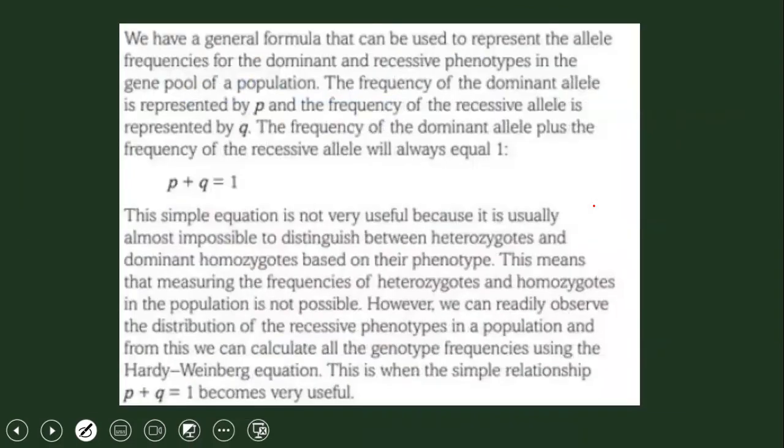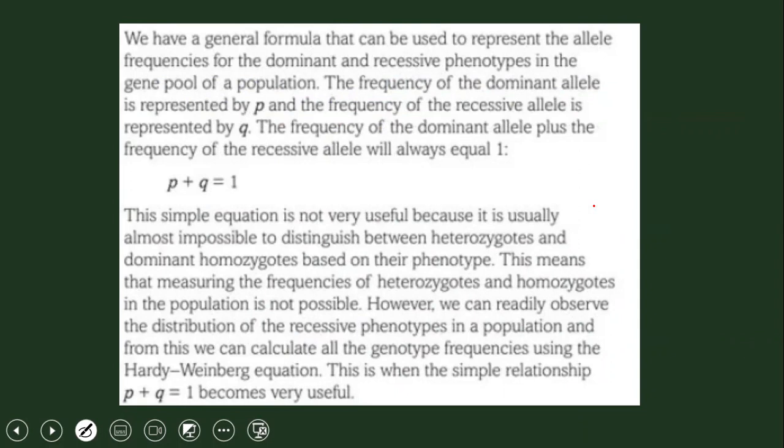Which is why we come to this concept. The number of individuals carrying a certain allele in a population determines the allele frequency. What is the number of individuals carrying a certain allele, right? So the number of individuals carrying a certain allele in the total population will determine the allele frequency.